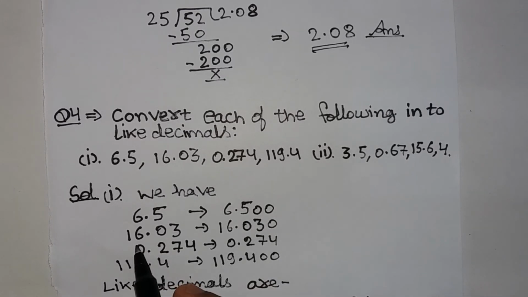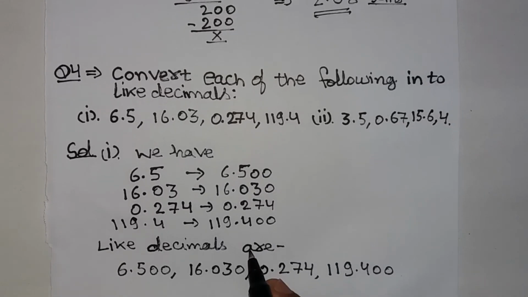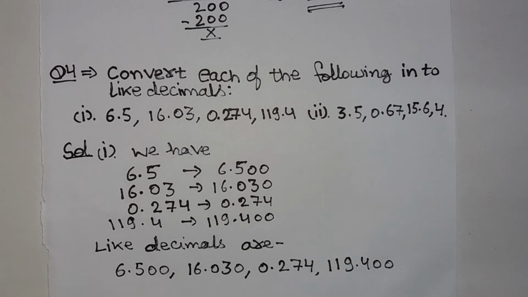16.03 we can write as 16.030. 0.274 we can write as 0.274, and 119.4 we can write as 119.400.